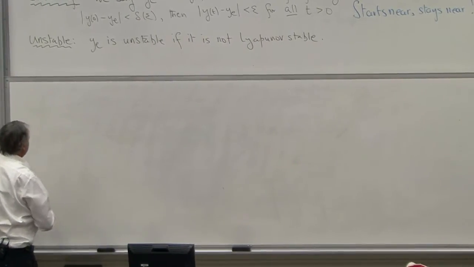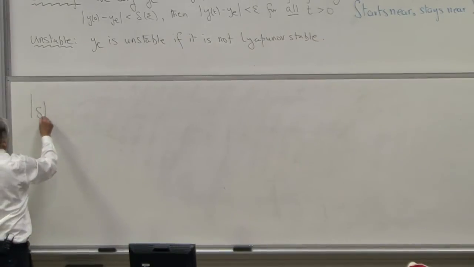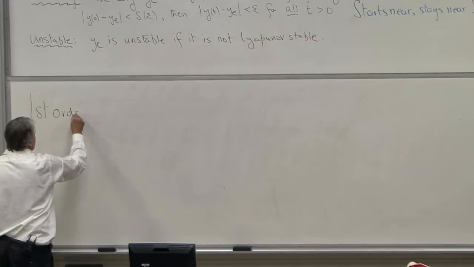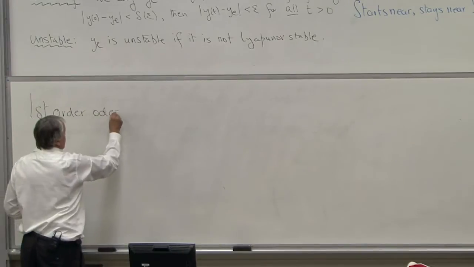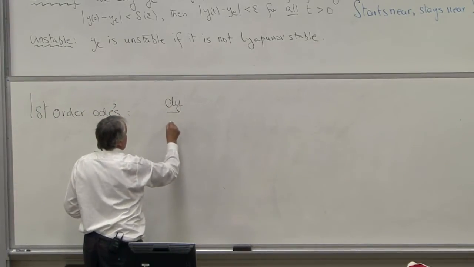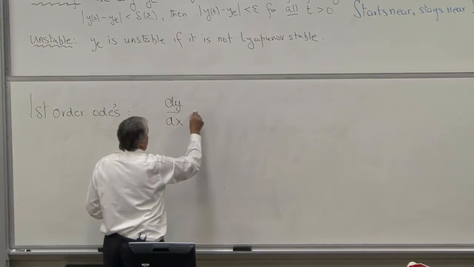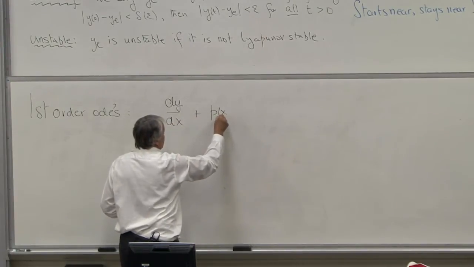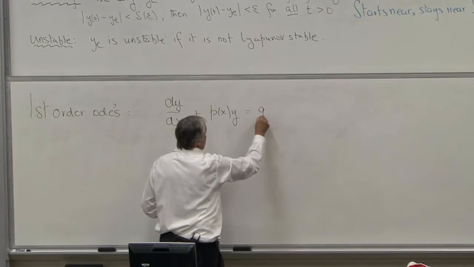Okay, first order. So it's dy by dx plus p of x y equals q of x.